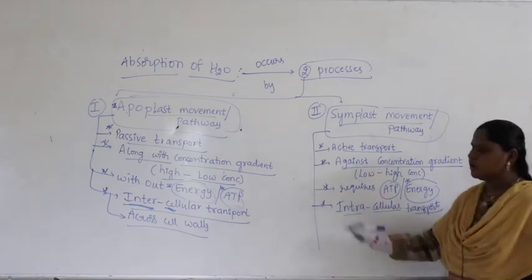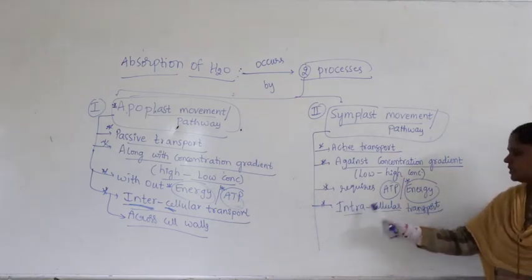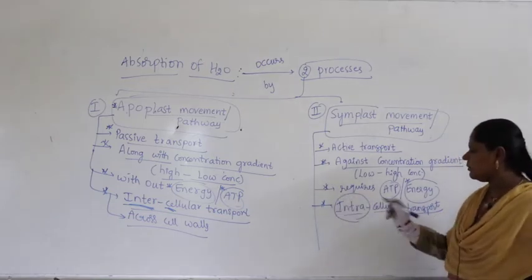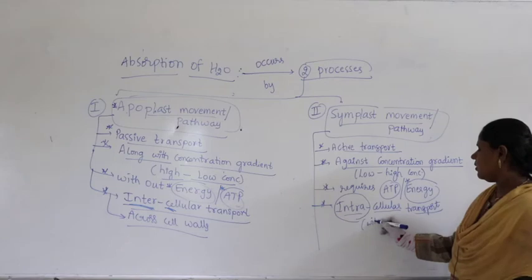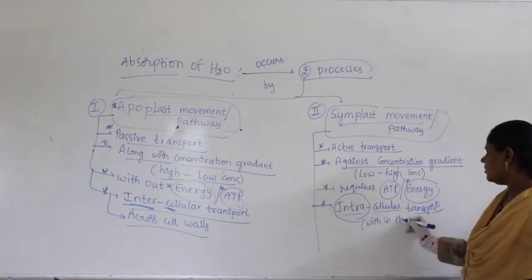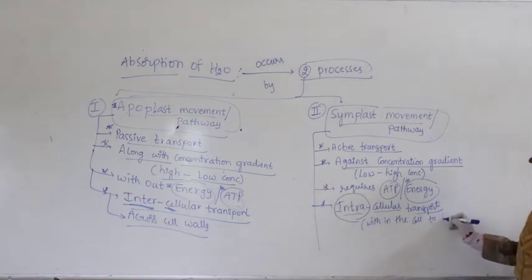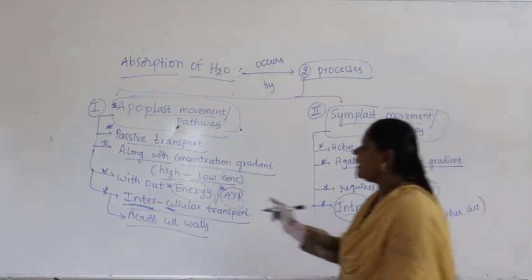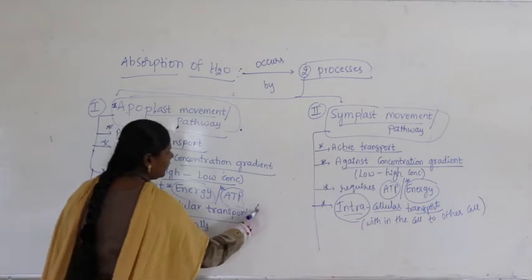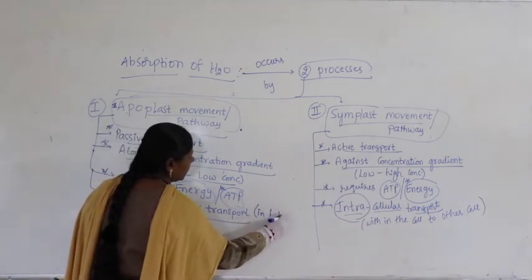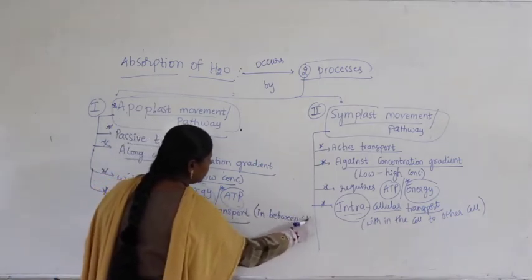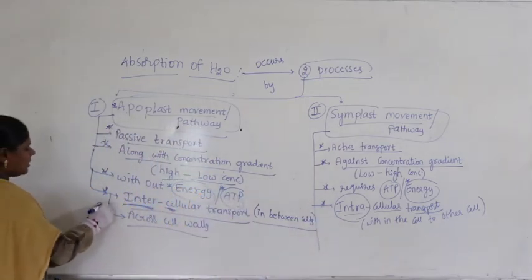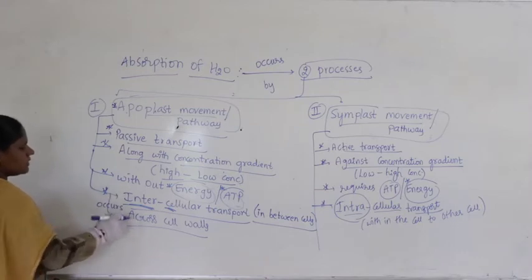This happens within the cell, from one cell to another cell. What is the meaning of intercellular? In between cells. It occurs across the cell walls.